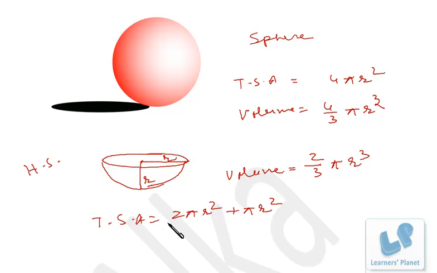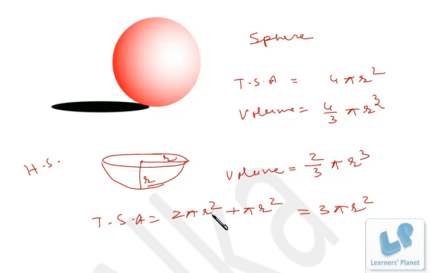Right? So the total surface area of hemisphere will be 3 pi r square. And when will it be 3 pi r square? When it is closed from the top. That means there is a lid over here and the lid is circular. So the area of this circular lid is pi r square. That's why the total area is 3 pi r square. If there is no lid over there on the top, then the area will be only 2 pi r square. Right? That is the surface area. Okay, so be careful about both the things.